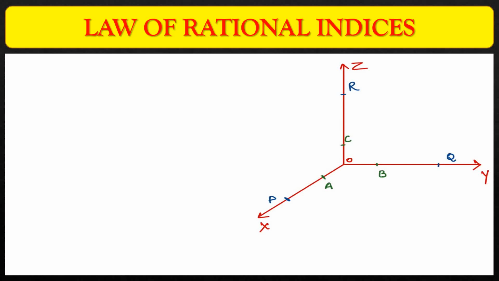To understand the law of rational indices, let us first consider a unit plane ABC. Now this unit plane ABC is a part of the unit cell.